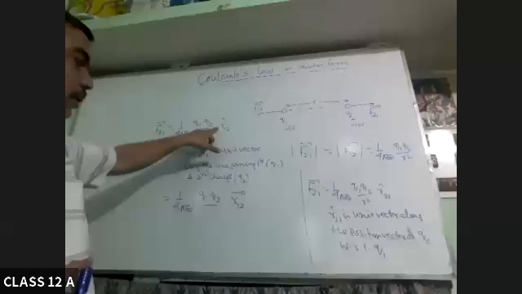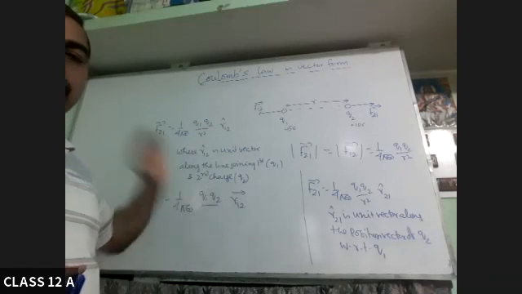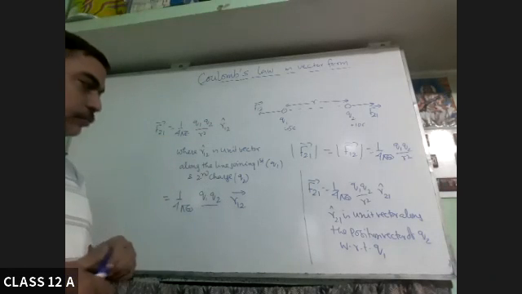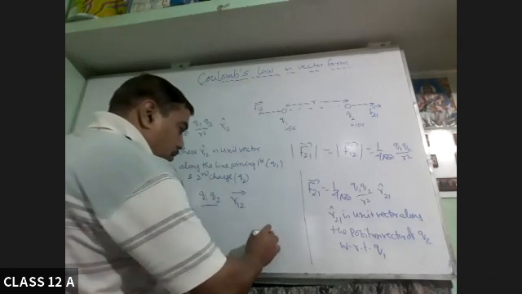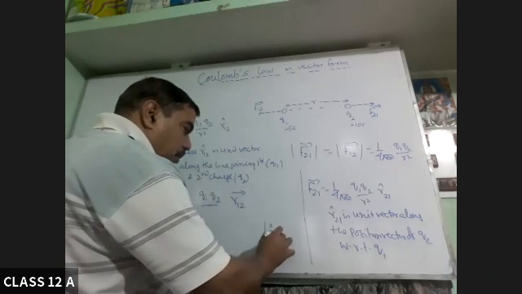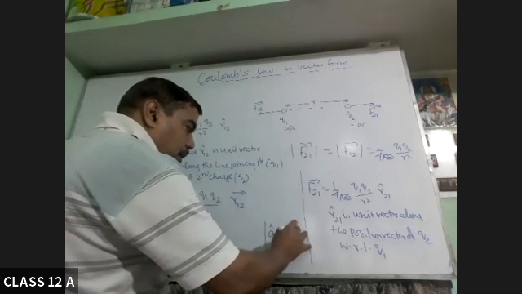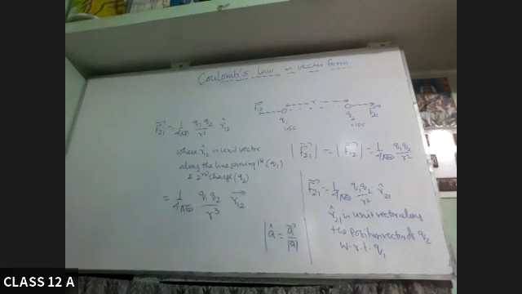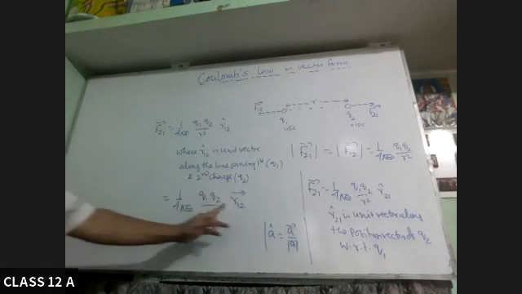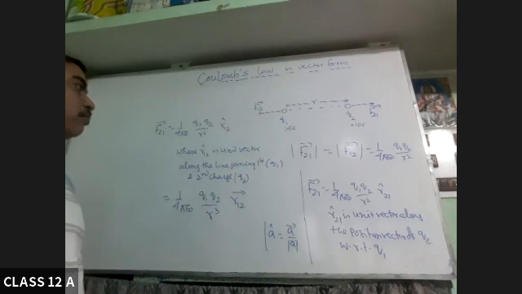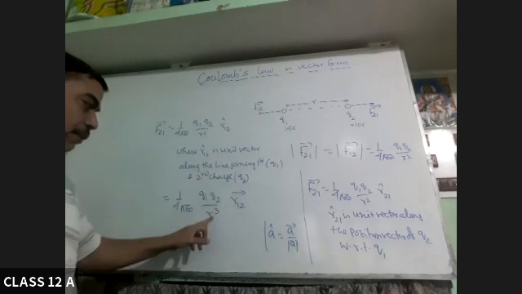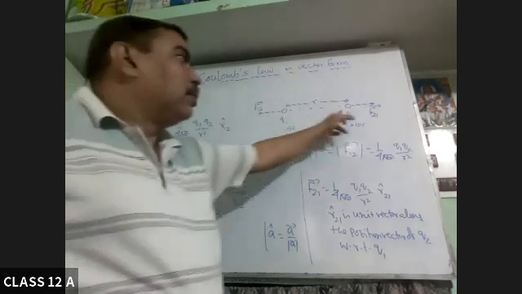In place of the unit vector, we can write the vector. The unit vector is the vector itself divided by its magnitude, and the magnitude is R only.